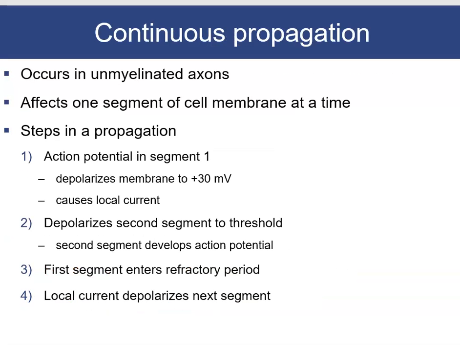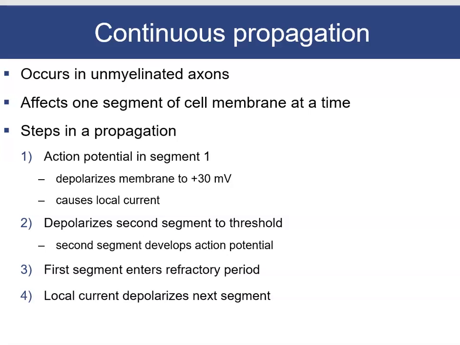Let's look at continuous propagation first. Again, this is what happens in unmyelinated axons. Here, this will affect one segment of the cell membrane at a time, all the way down that axon. So what happens? You will get an action potential in that very first segment, depolarizing the membrane to a +30, and this will generate a current that depolarizes the second segment to threshold, developing an action potential.